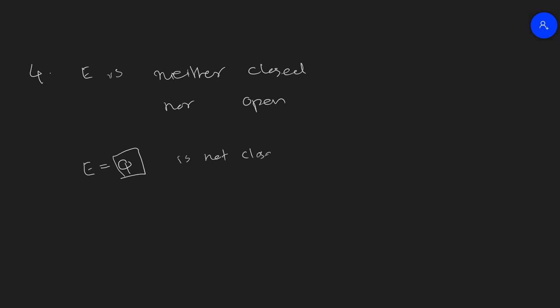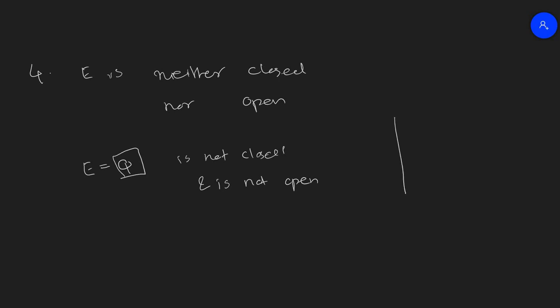The fourth option says E is neither closed nor open. A common example for such a set is Q. Let E be Q. Q is not closed and it is not open.